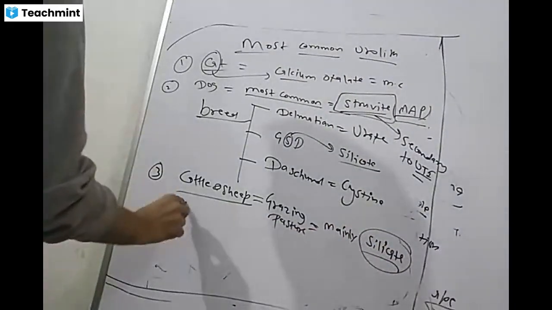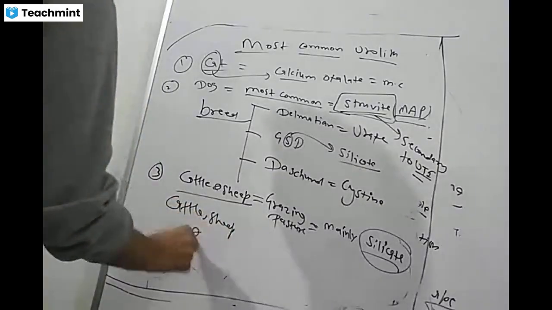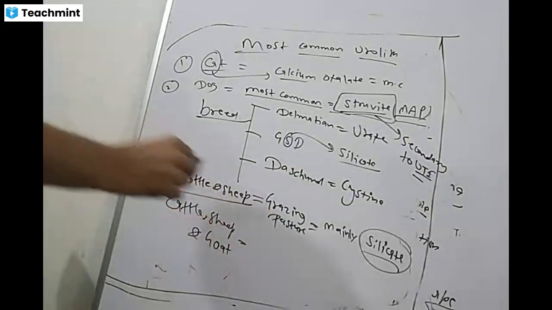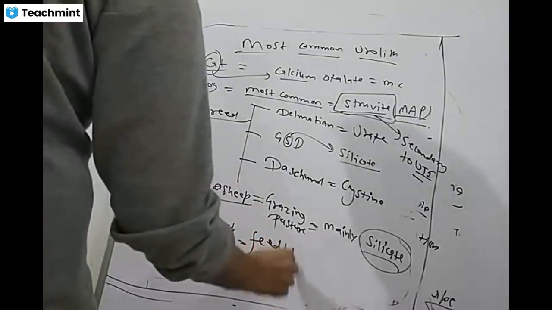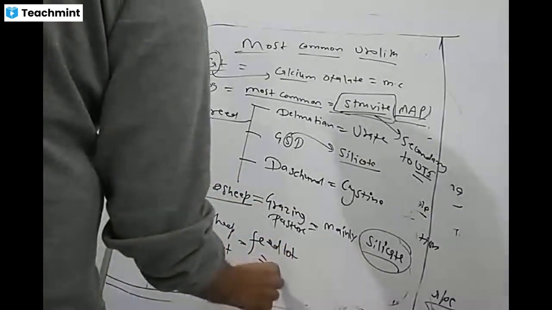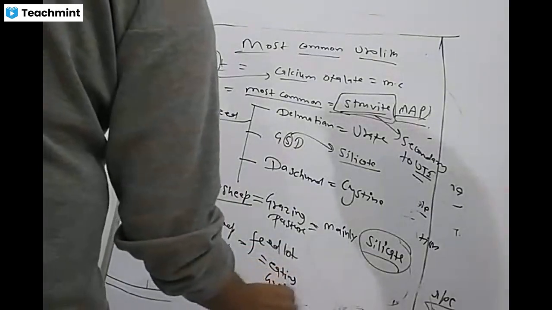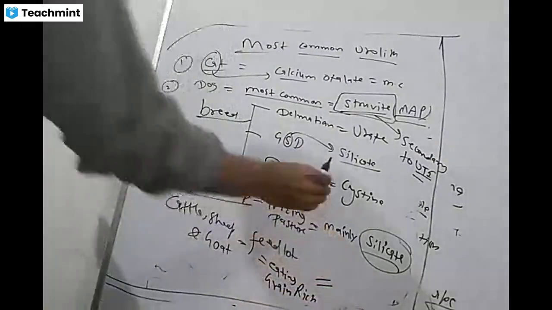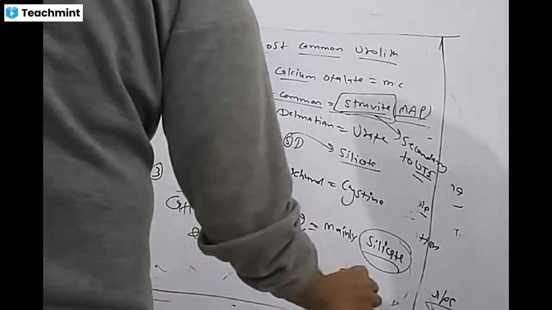If these cattle, sheep and goat are in feed lot, meaning they are eating a grain-rich diet, then mainly struvite.